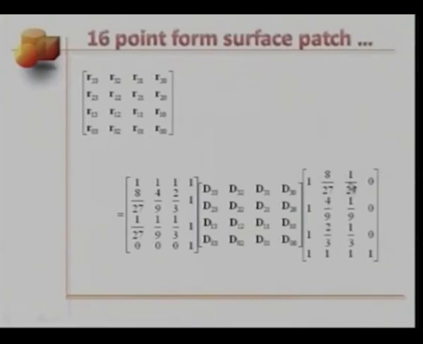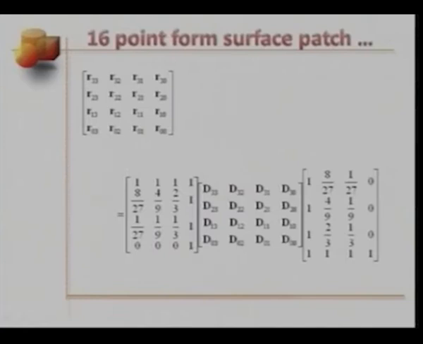The third column corresponds to v equals 1 over 3. And the fourth column is for v equals 0. The first row relates to v cubed. The second row corresponds to v squared. The third row is for v raised to 1. And the fourth row is simply 1.